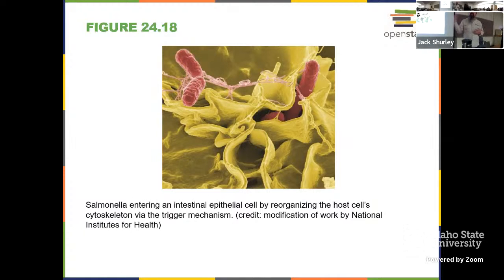And in the process of shell formation or egg formation, the bacteria can inoculate or incorporate into the inside of the egg before the shell ever forms around the outside of it. So just because you think the egg looks clean doesn't mean there's not salmonella on the inside.